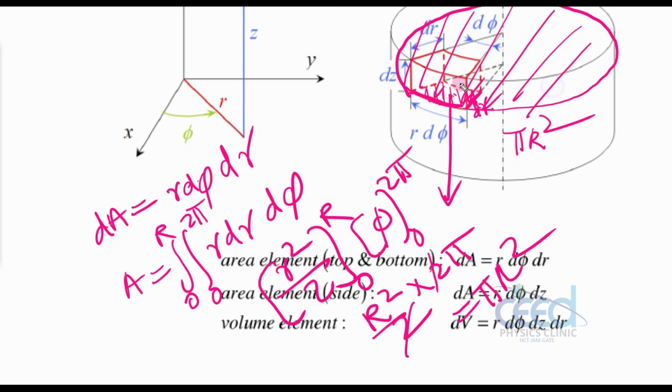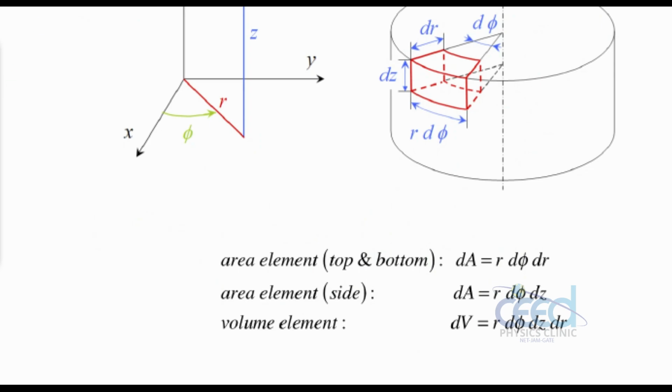When you expand this area, you will get the complete circle. A cross section of the cylinder will produce a circle which includes this small elemental area. So that is correct. This way we can represent the area and volume elements in cylindrical coordinates.